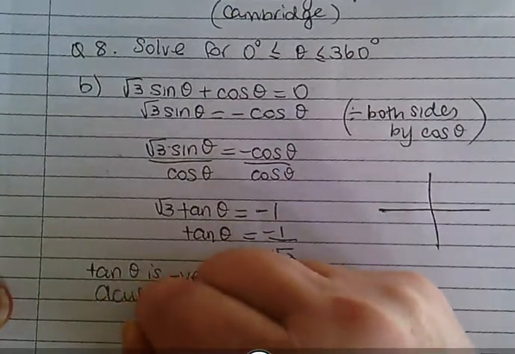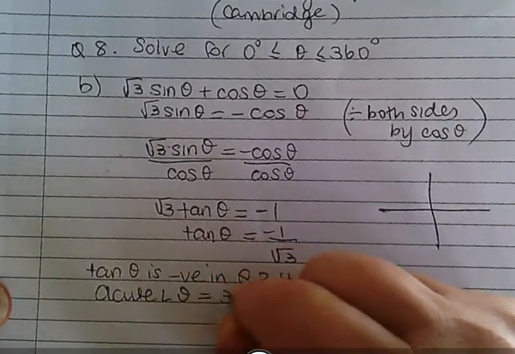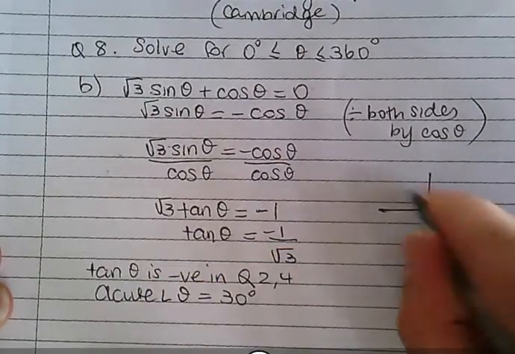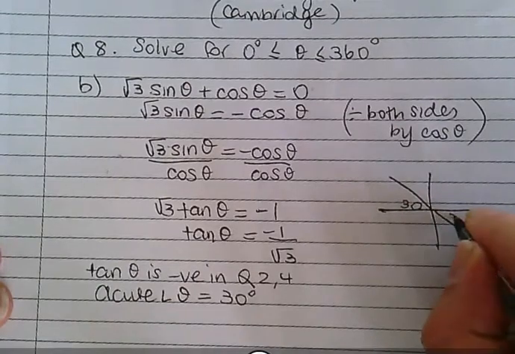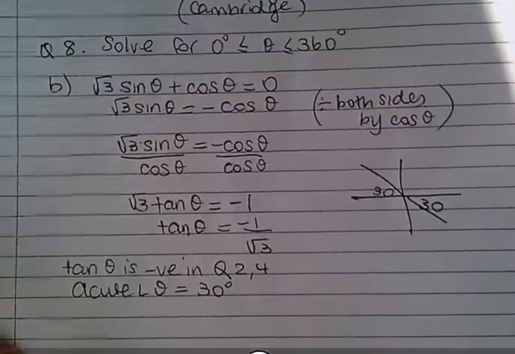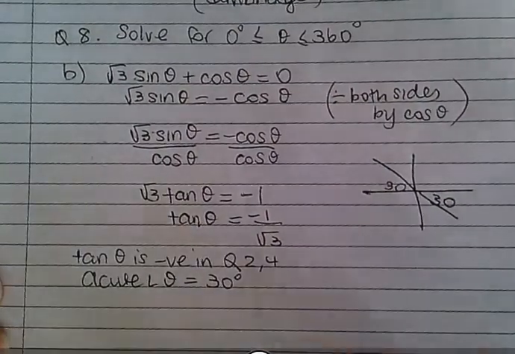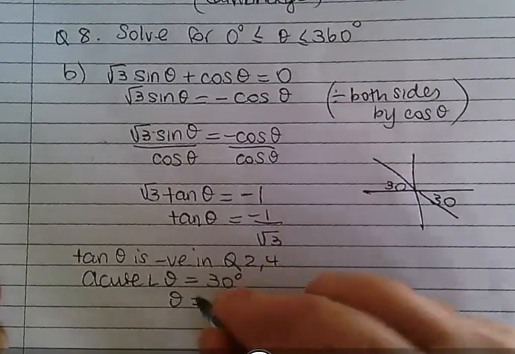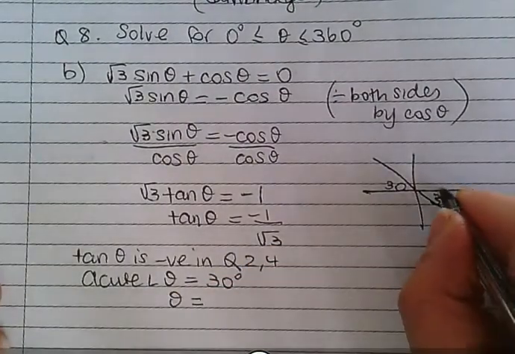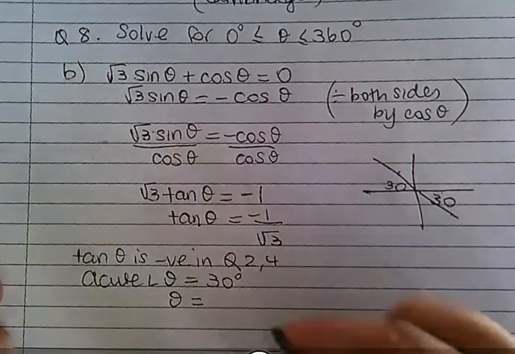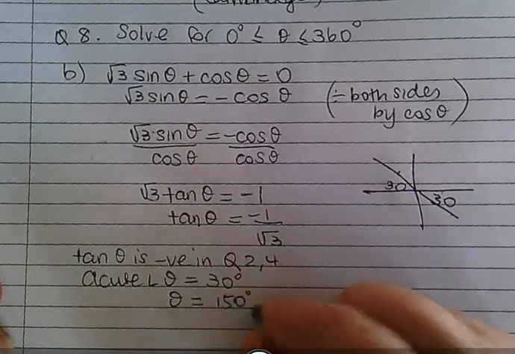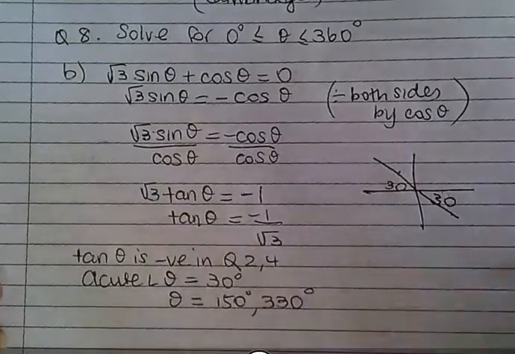What's our acute angle theta? 30. So 2 and 4 with 30. And we're solving from 0 to 360. So therefore our solutions are theta equals, what have you got? 150 and 330.